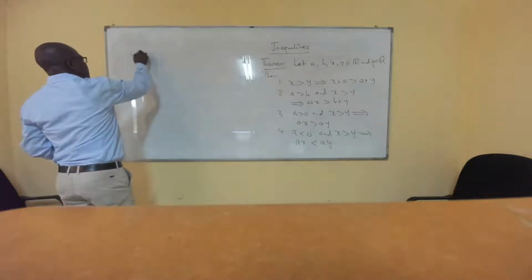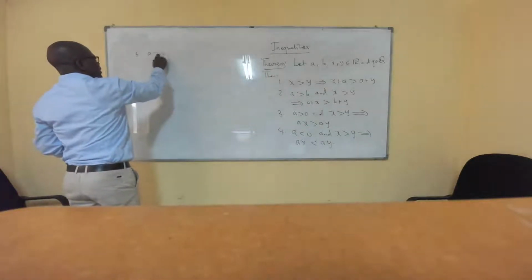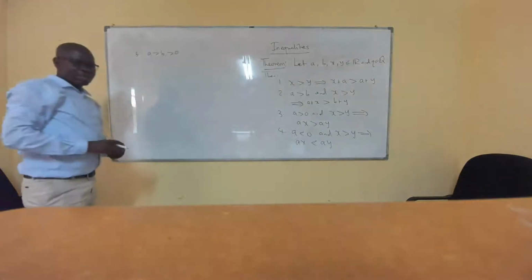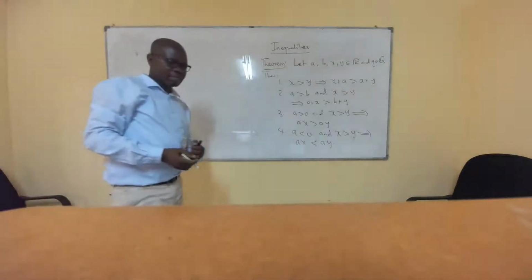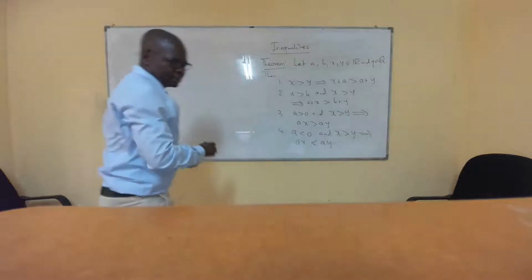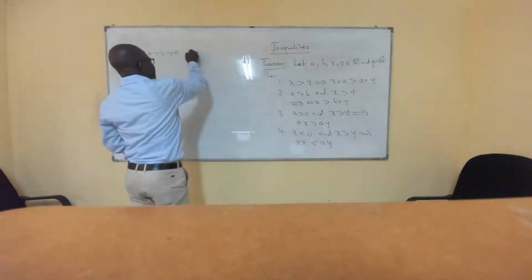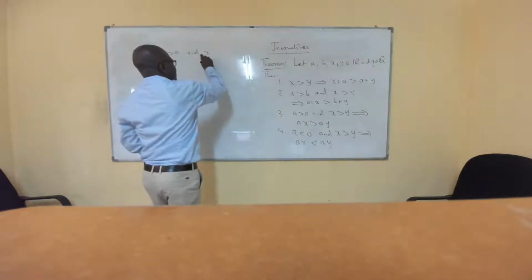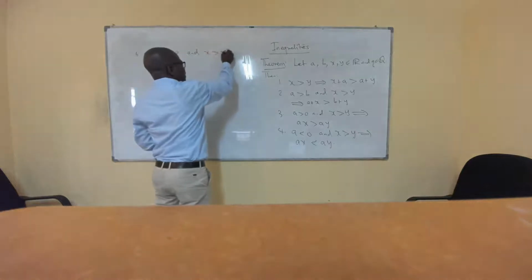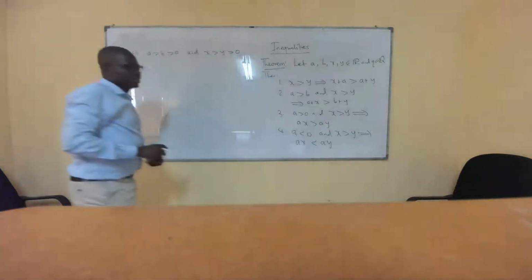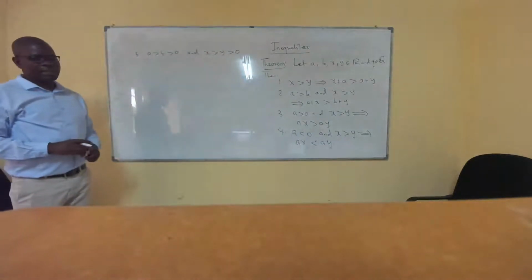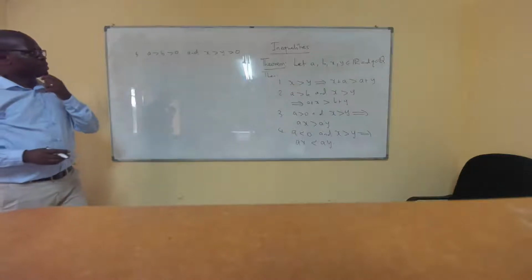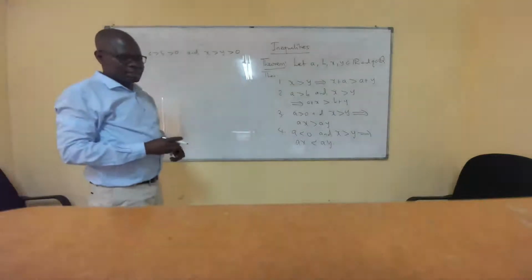Number 5. They have two numbers a and b, but both of them are bounded below by 0, meaning that they are positive numbers. And we have x, which is bigger than y, both of them bounded below by 0, meaning that they are positive numbers.